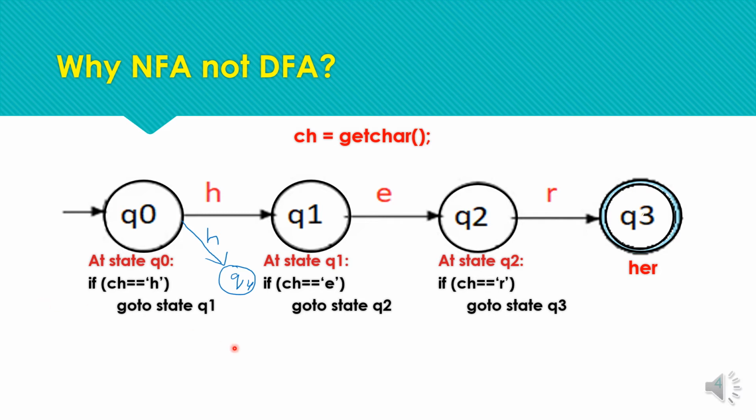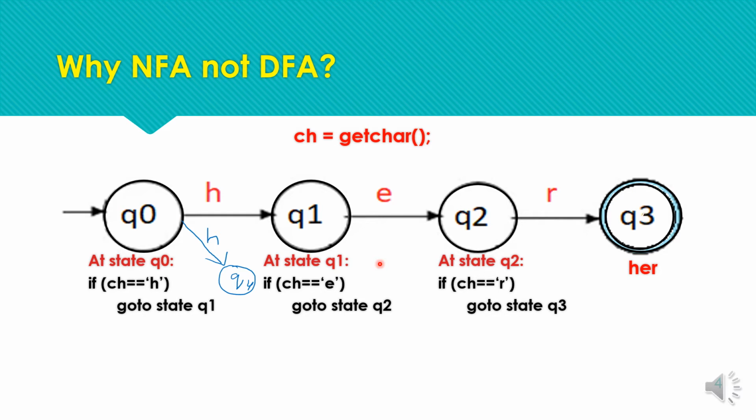In case of a DFA, we are going to have a transition from this side, meaning if the symbol received is not E but I, then the transition should go to another path from Q1. But in case of an NFA, we can have multiple transitions for a single input symbol from any state.